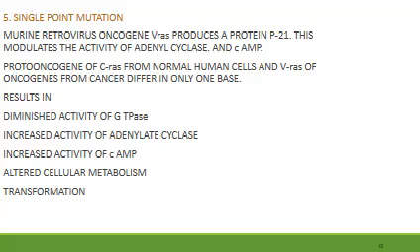This sort of mutation results in diminished activity of the enzyme GTPase and increased activity of enzymes like adenylate cyclase and cyclic AMP. This causes altered cellular metabolism and malignant transformation.